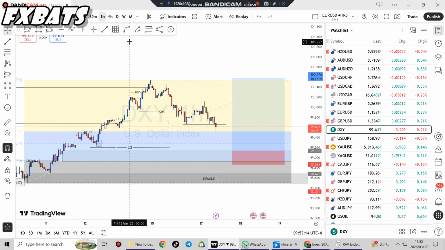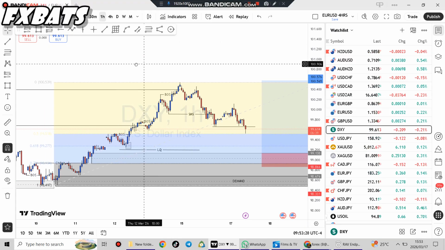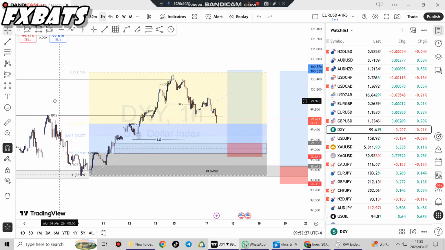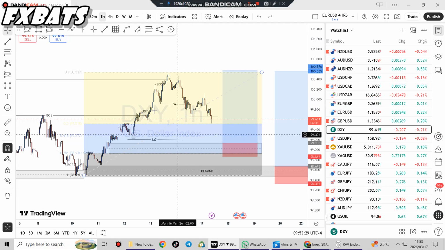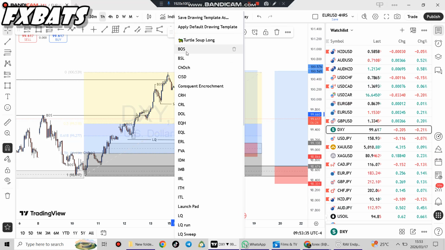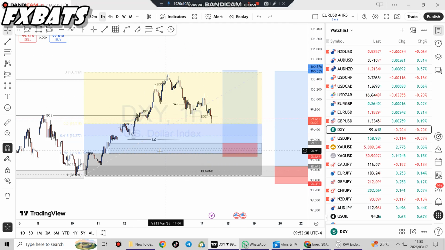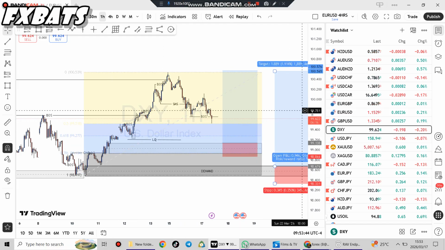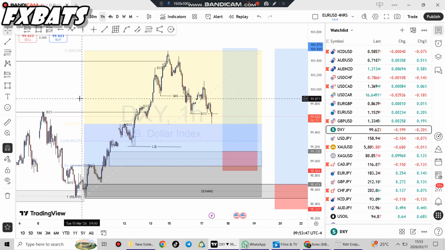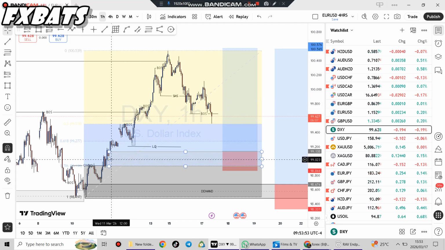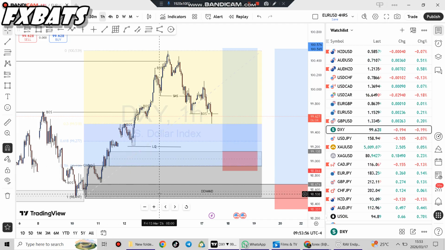I have my lower time frame setups on H1, which shows my key areas where I'm hoping to take my buys. They are in the discounted areas, as you see. All of this is internal structure. I have two areas that I'm hoping to buy off the dollar, and I'm not sure which one, because I have one within the OTE zone and the extreme one, which is in the deep discount of demand.